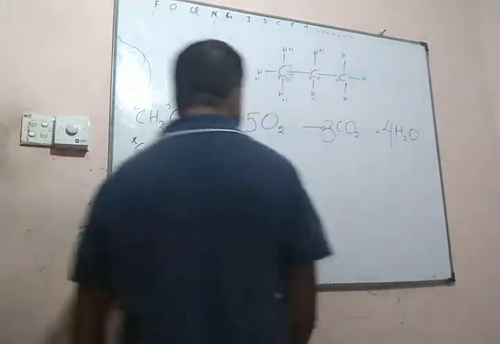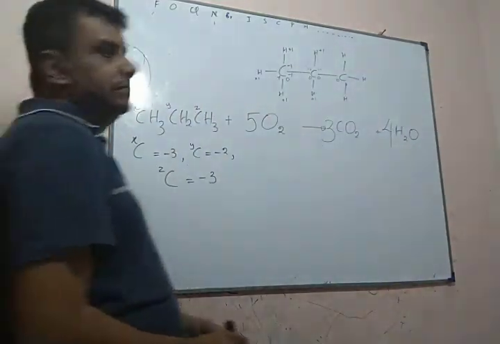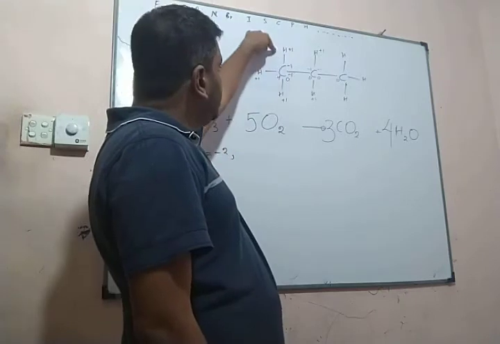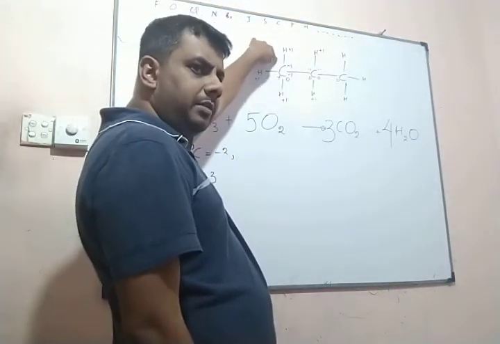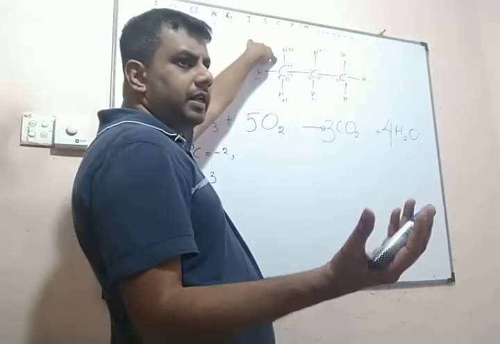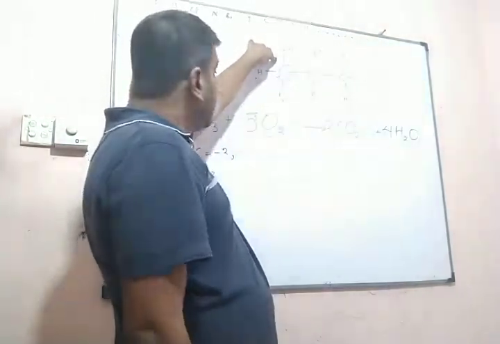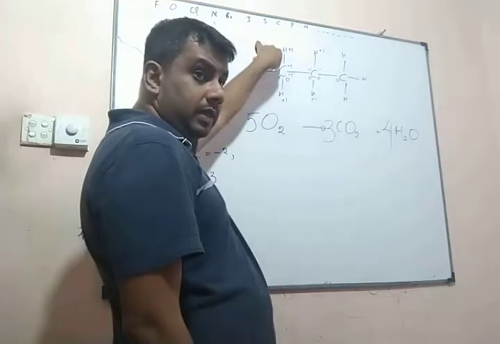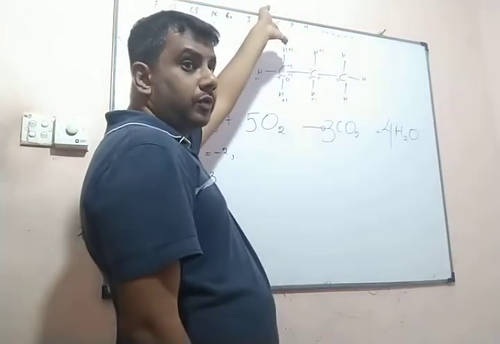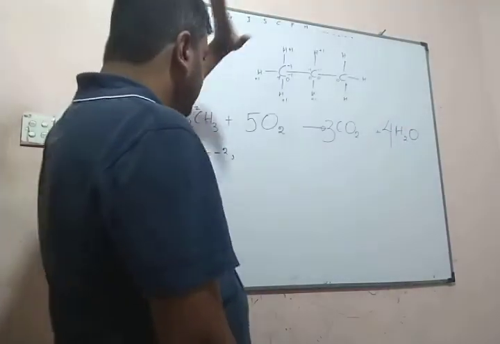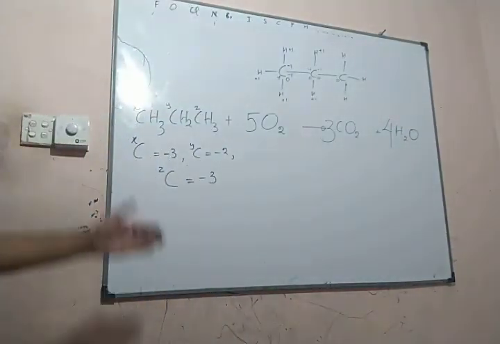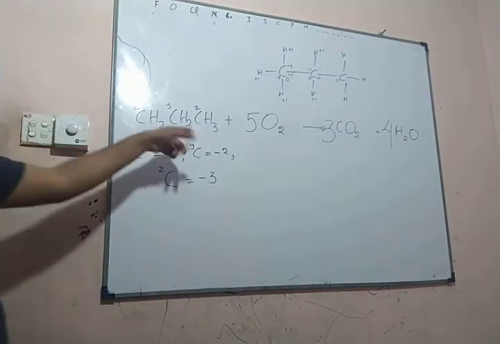Right? Got it? How can you say this is +1 and -1? How did you say hydrogen plus and carbon minus? Just by considering electronegativity. How did you say +1, -1? Considering the number of bonds. That's all. So these are the oxidation states of each carbon here.